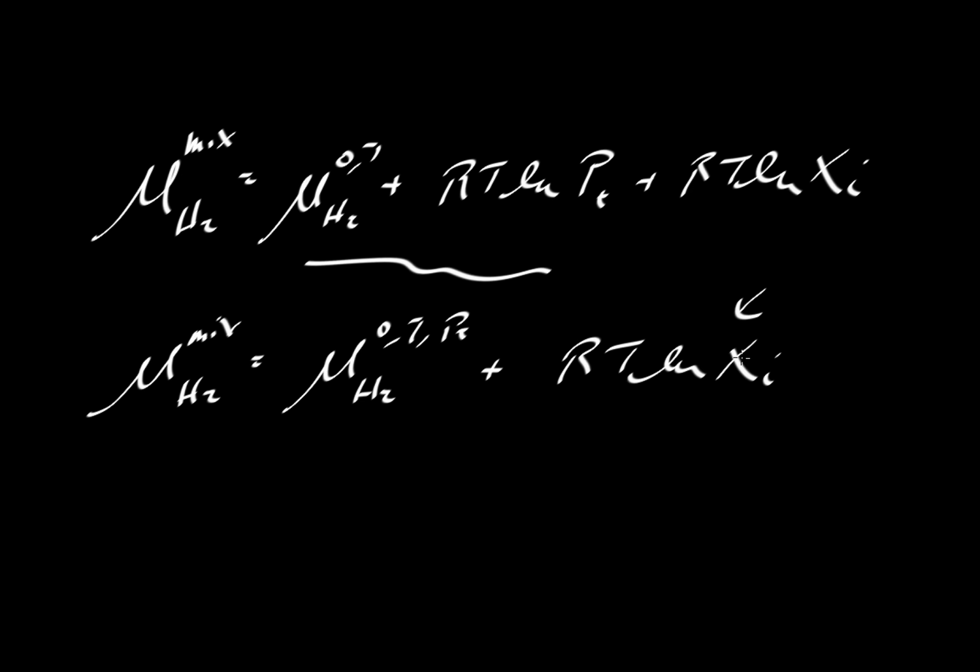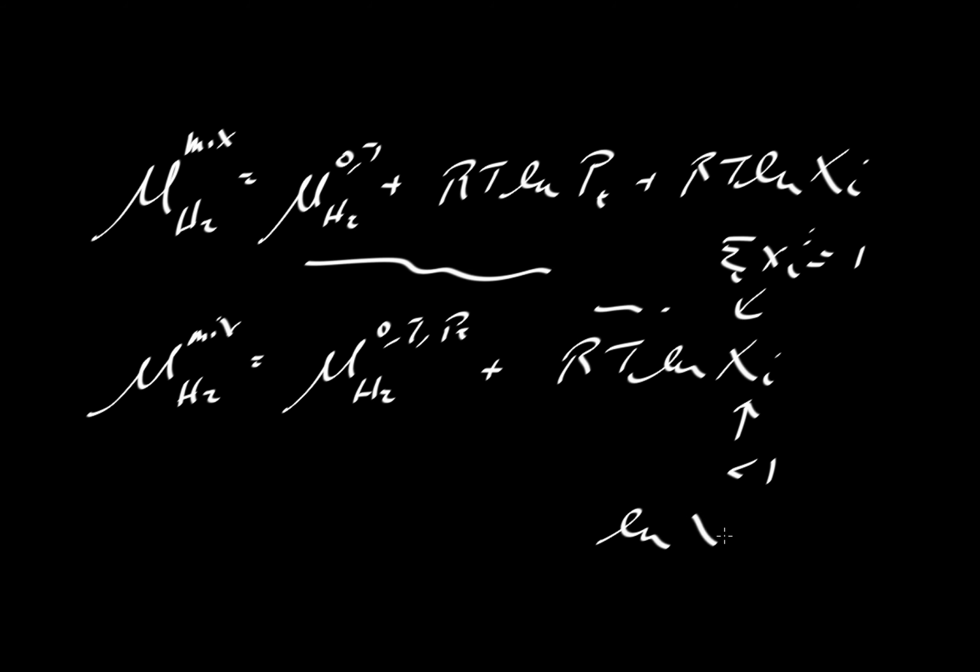And in an earlier video, we talked about how we derive this RT ln X form using the ideal gas law. We're assuming here that the gases, which in this case probably do, approximate an ideal gas. So what does this mean? X sub i is always less than 1, as it must be, because the sum of all Xi's must be equal to 1, so any individual component must be less than 1.